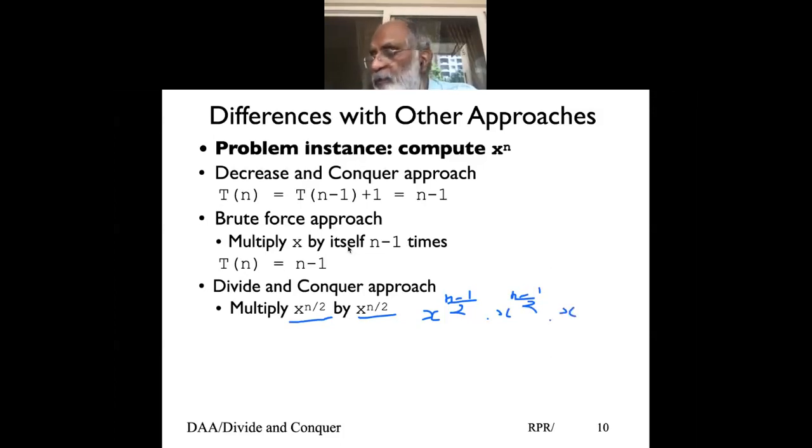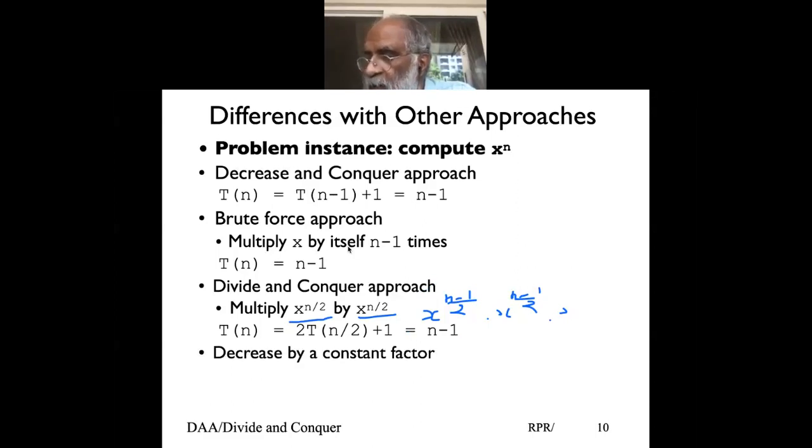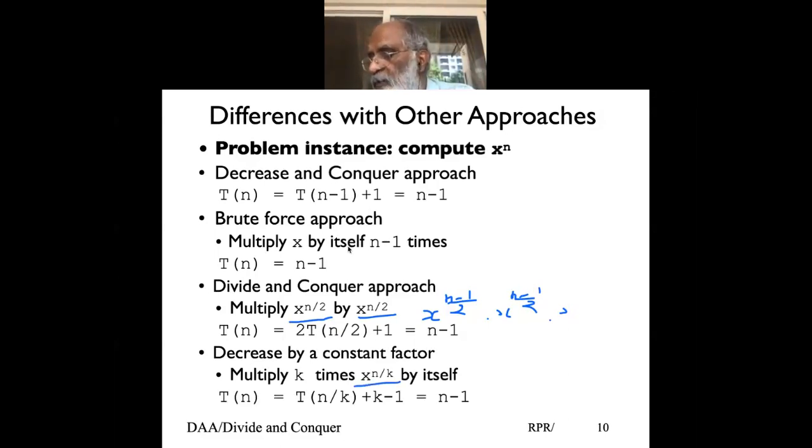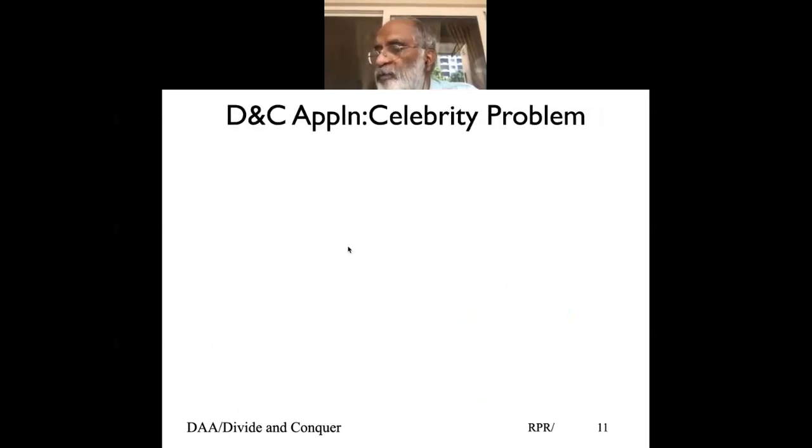So with this divide and conquer approach, we decrease the problem size to half and solve it. Another approach is decrease by a constant factor: I can say n by k and multiply x raised to n by k, k times, and we will again get the answer. My recurrence relation would be this, and again, you basically get an order log n solution.